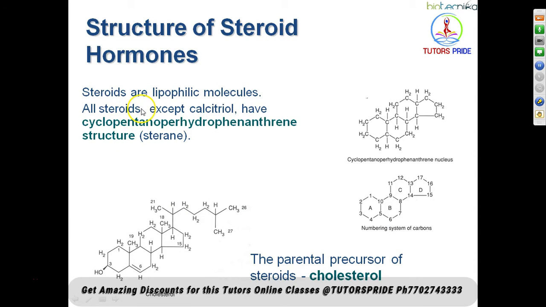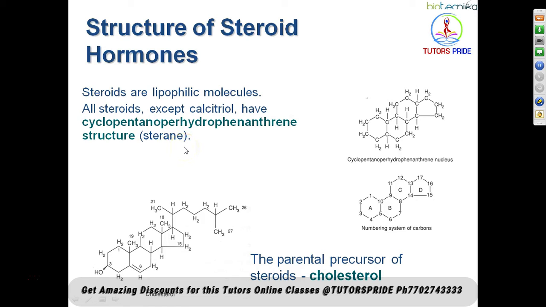We'll see the structure of steroid hormones. As I told, steroids are lipophilic molecules, and all steroids except calcitriol have the cyclopentanoperhydrophenanthrene structure.